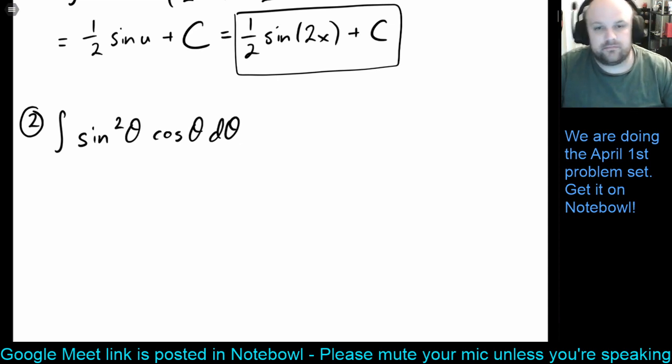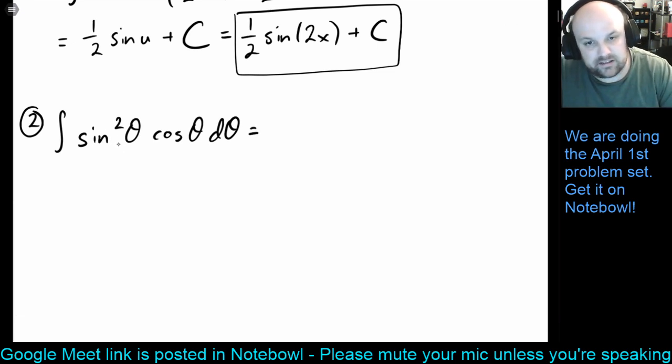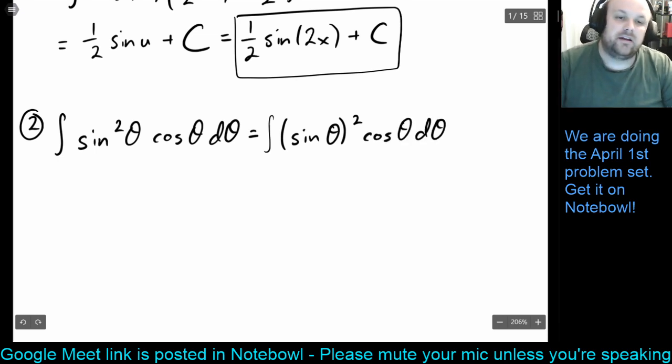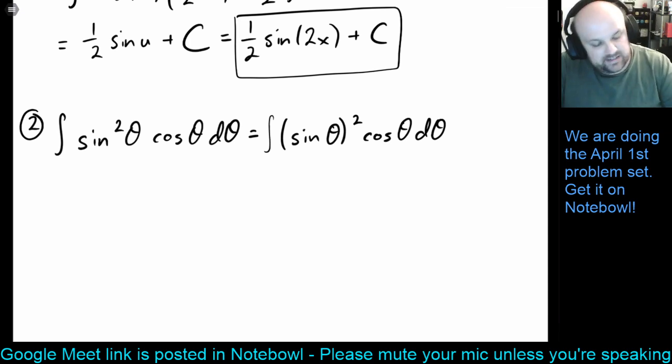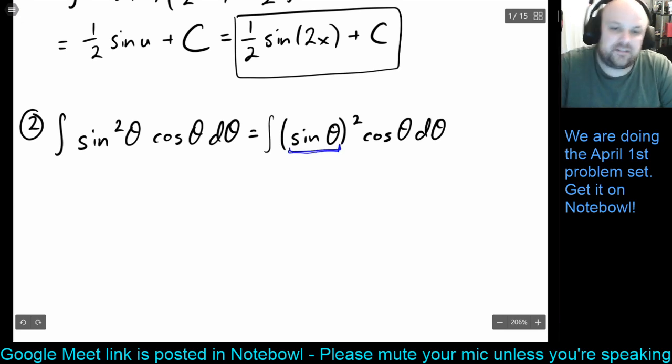If you don't, sine squared theta is the quantity sine of theta, squared. So it might make more sense as a composition if we write it like this. If we write it this way, we can see that maybe this right here, the sine of theta itself, is an inside piece.